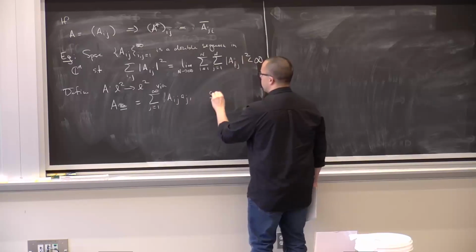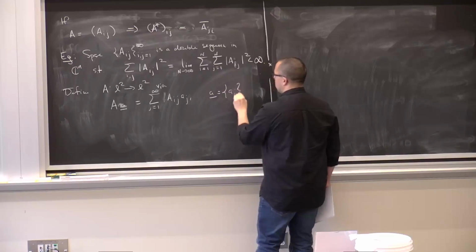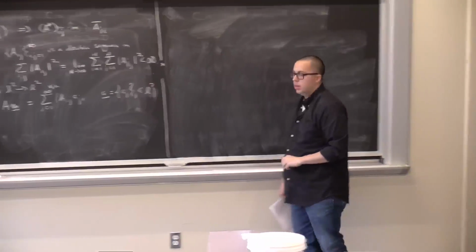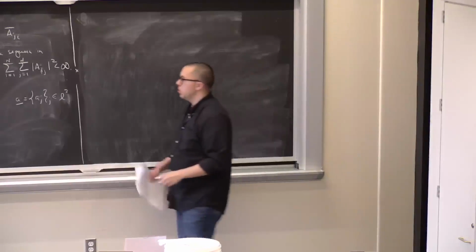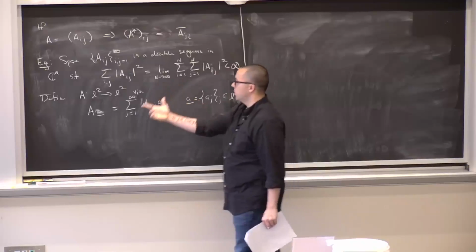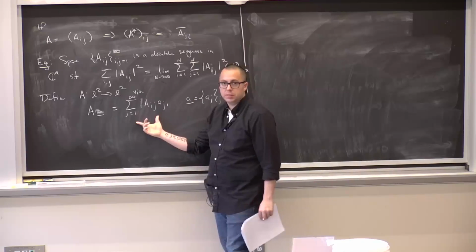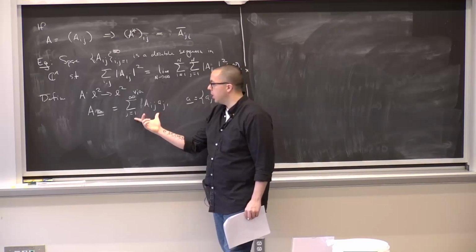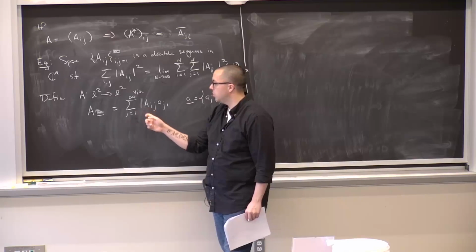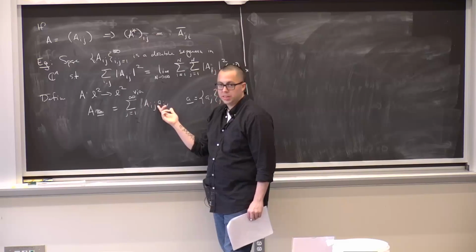And here this is for U in little l2. Okay? Now, by the Cauchy-Schwarz inequality, you can check that if this condition is satisfied, then this is a bounded linear operator. Okay? The absolute value of this thing will be less than or equal to the sum over j equals 1 to infinity of the absolute value of A_ij squared, square root, times the l2 norm of U. All right?